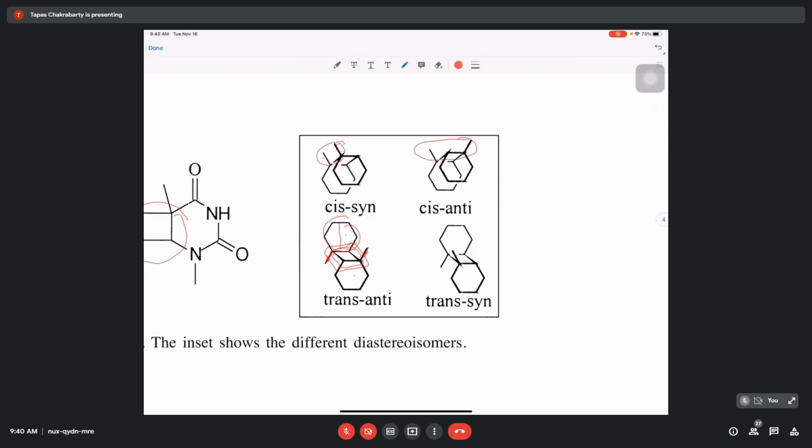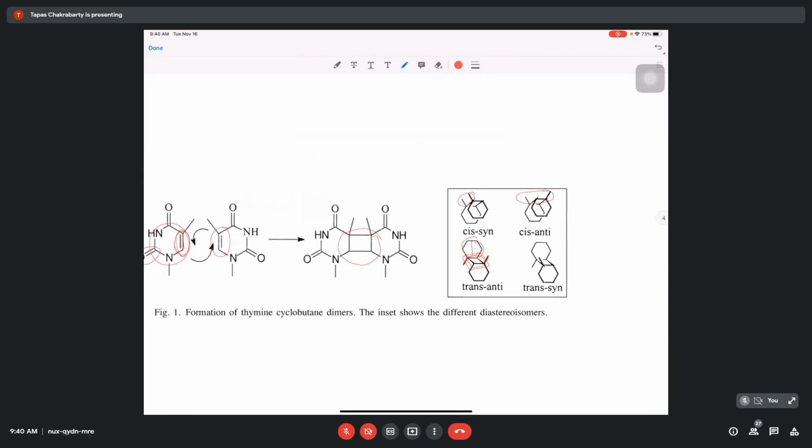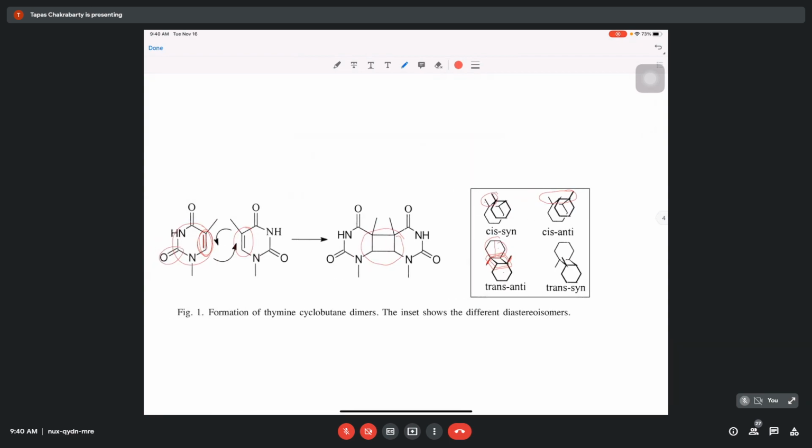All these different possible isomeric structures of the nucleic acids have been isolated in the laboratory after exposure of the nucleic acid to ultraviolet light. And this is the most pronounced chemical reaction that happens in the nucleic acids, particularly in the DNA molecules, when they are exposed to light.